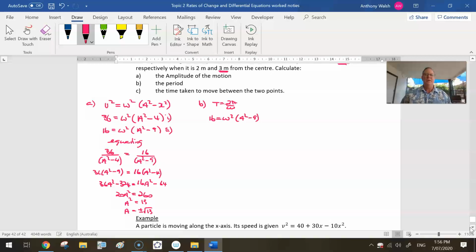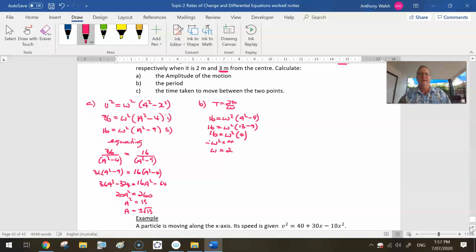Now I can put in my value for A, which was root 13. So 16 is equal to omega squared by A squared now becomes 13 minus 9. 16 would be equal to omega squared by 13 minus 9, which is 4. That would mean that omega squared would be equal to 4, or plain old omega would be equal to 2.